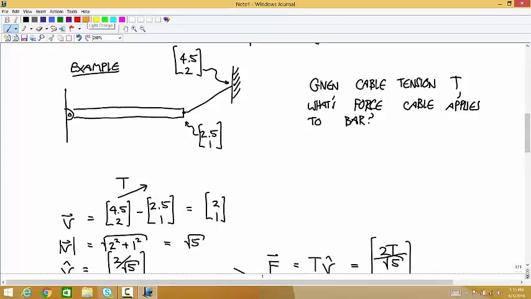So you can think of this as the vector v. It's a vector that starts at this point and ends at this point. And so it's in the direction of the force, because that just happens to be what cables do. But it doesn't have the right length, because this vector v has a length, as we saw, of square root of 5. So we just have to divide by the length, and it ends up giving us a vector that you can think of as just a pure direction.